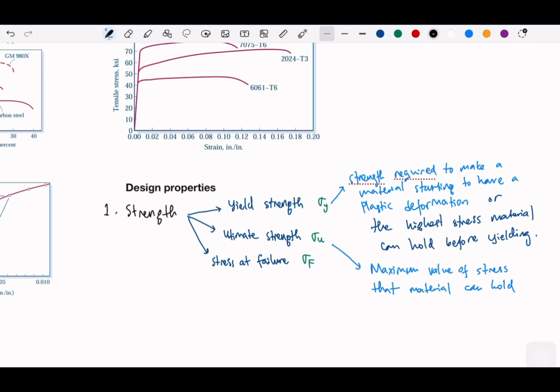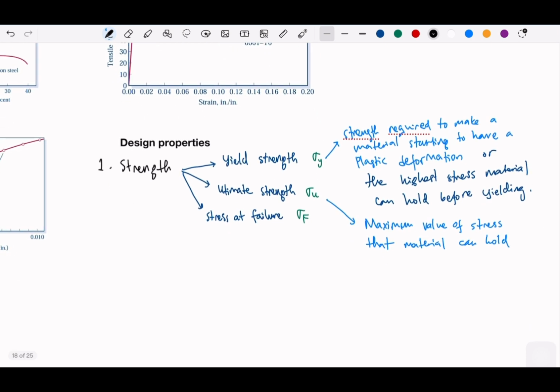The second property. First is strength, the second is stiffness, I think this is a better way to put it, or rigidity. So we can say the material is rigid or stiff or not. We can see this from the modulus.